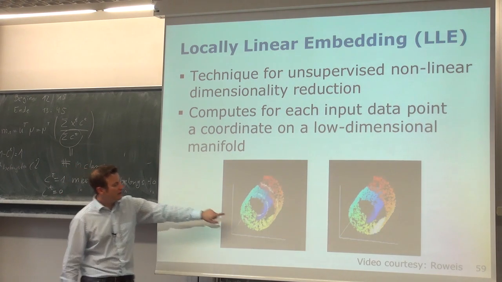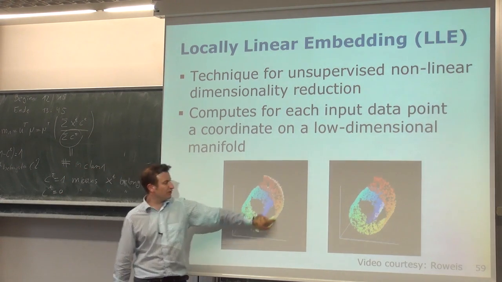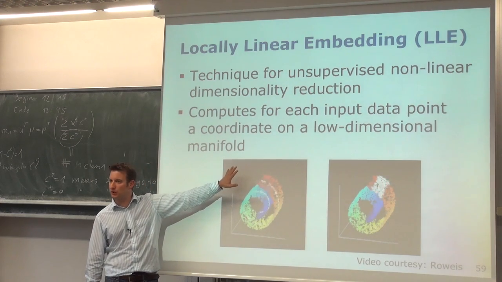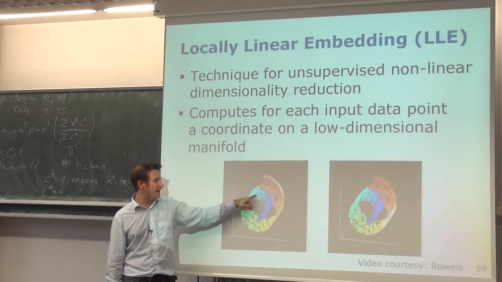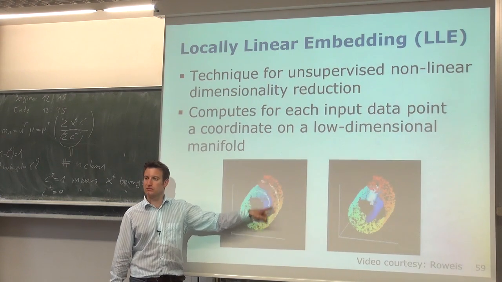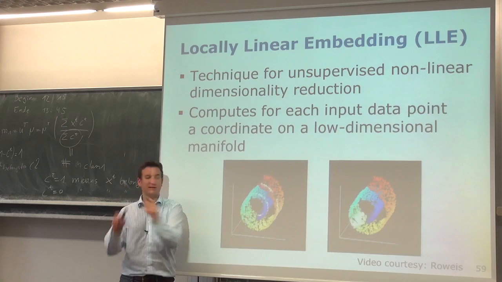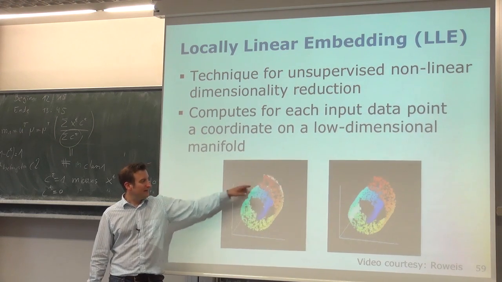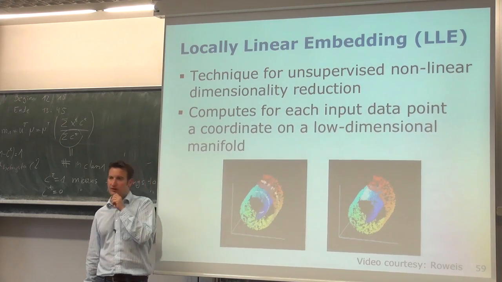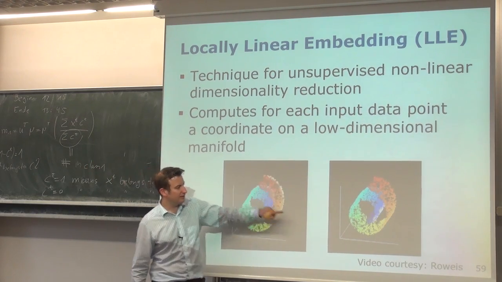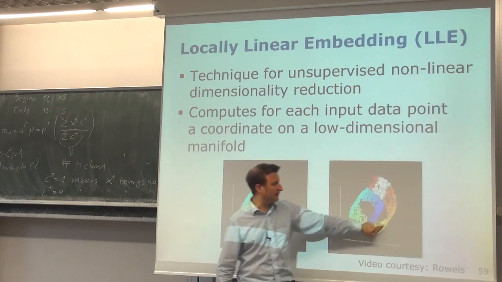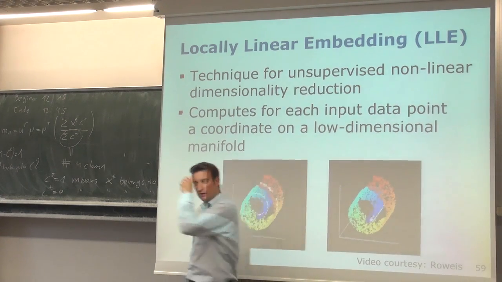We have a three-dimensional world, and the data points that I have follow what is called a Swiss roll, like the sweet cake. And this Swiss roll can actually be represented in a two-dimensional space: one dimension along this line, and one dimension along this line where you see the color is formed.